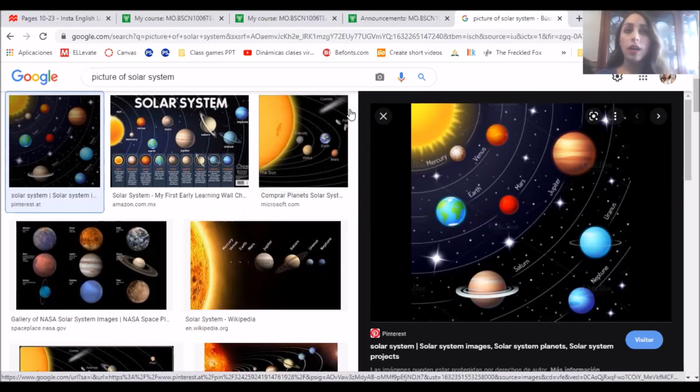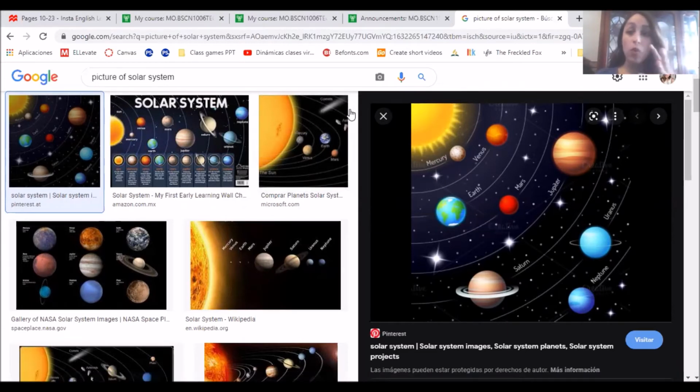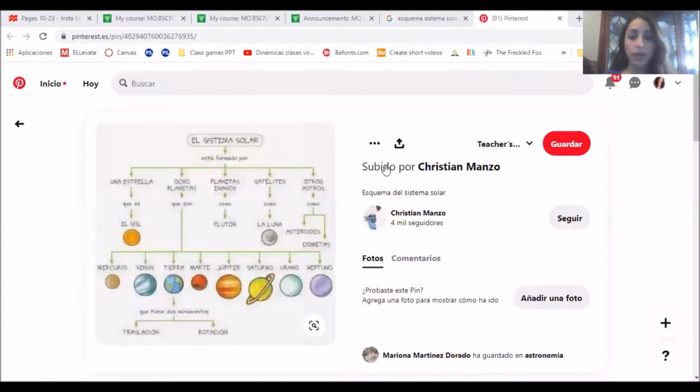If you want to represent that with a scheme, what is a scheme? Okay, let me share with you what a scheme is. Okay, so what you're seeing right now is another example of something you can do as a digital scheme, or it can be also done by hand physically and then taking the picture and then include it in your document.